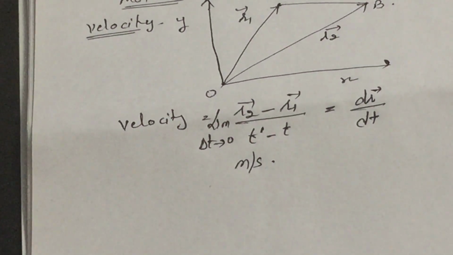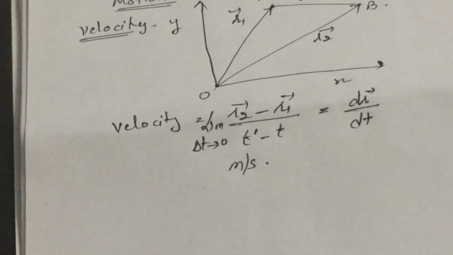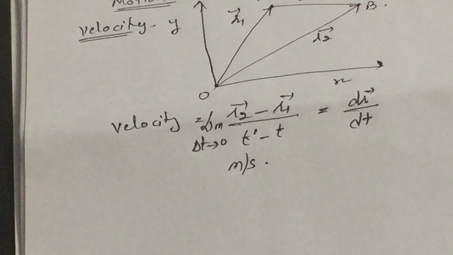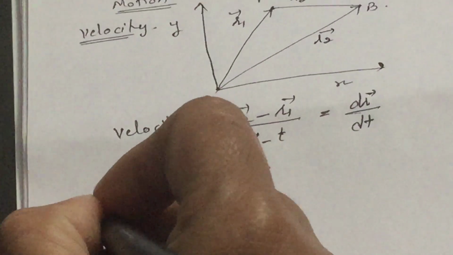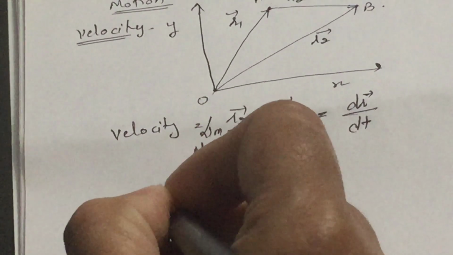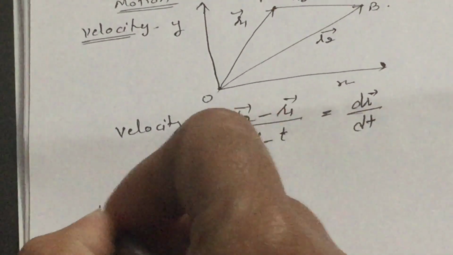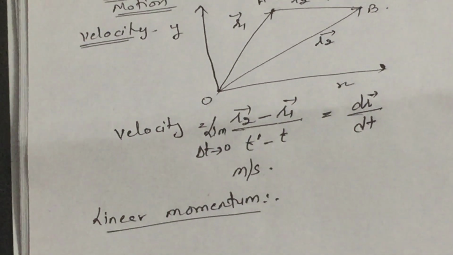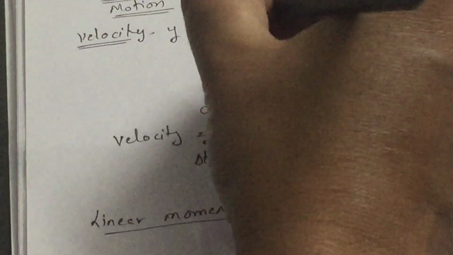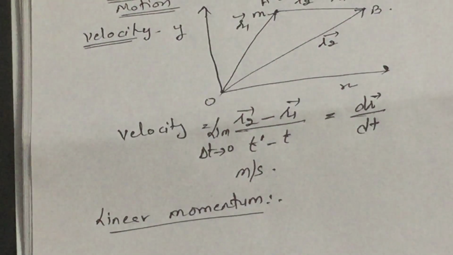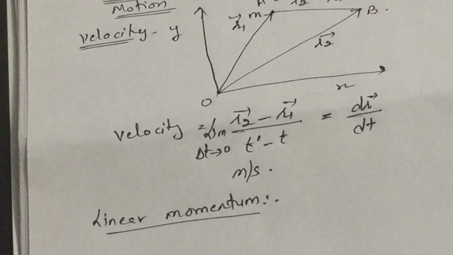The next physical quantity which is connected with the mechanics of the particle is linear momentum. If the particle or the system which we are considering, moving from A to B, has mass m, then what will be the linear momentum?